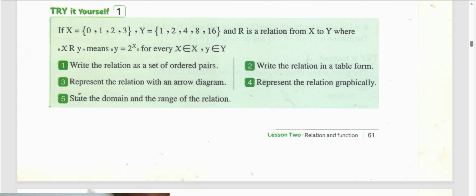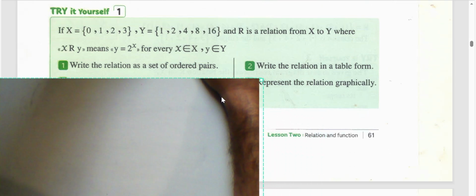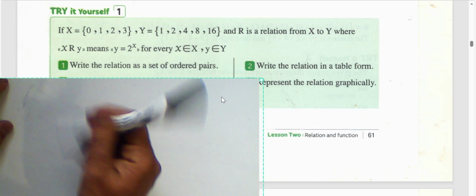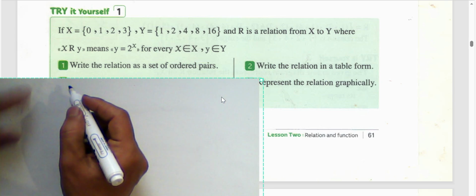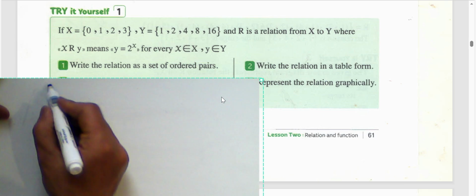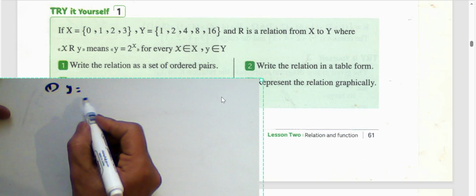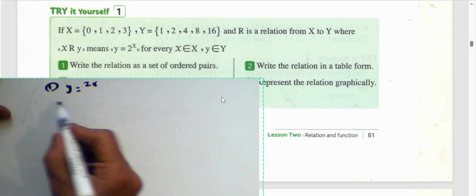We have x and y. We can write the relation with its rule: y equals 2 power x. Okay, listen to me. The relation here: y equals 2 power x.